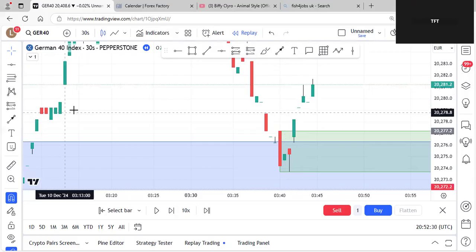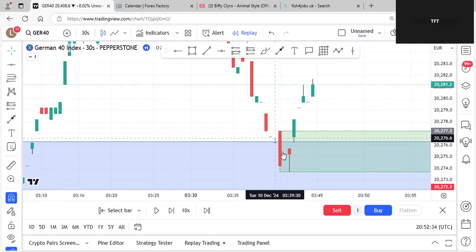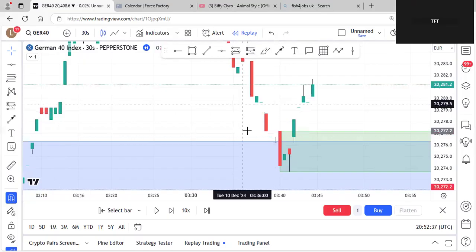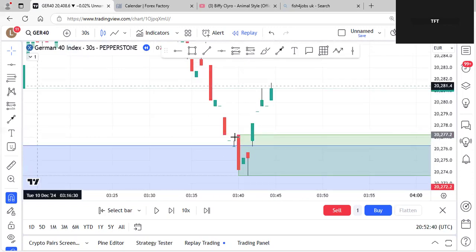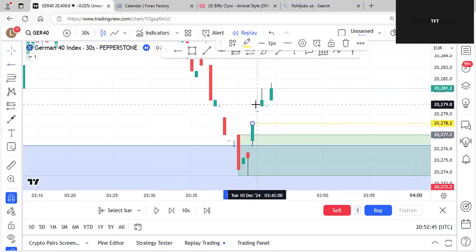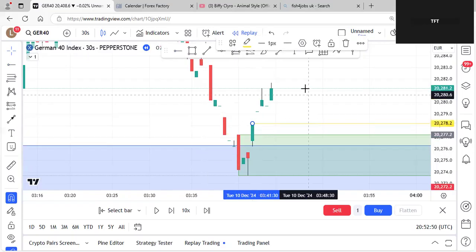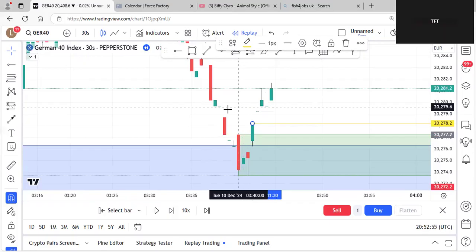Maybe I should have spotted this. Obviously I marked it from this big candle here. This is the thing with it being the German stuff. Nothing's open till like, is it 8 o'clock or 7 o'clock our time?